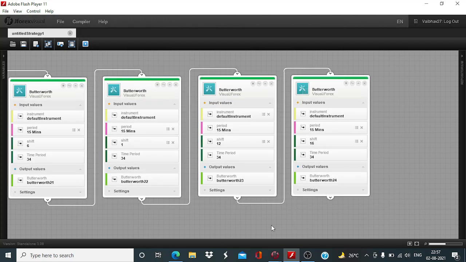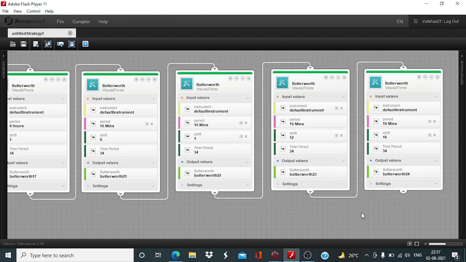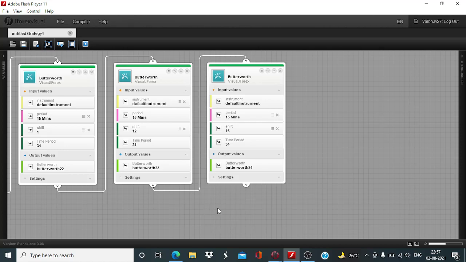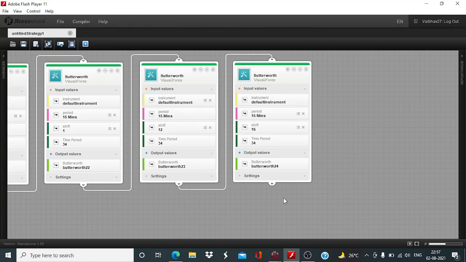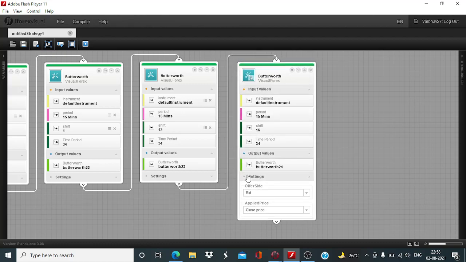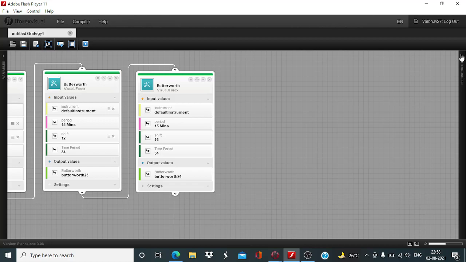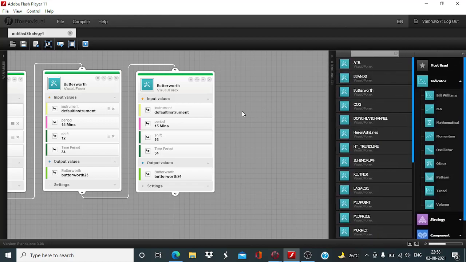Okay, and after this we will be taking the help of historical candle, get historical candle, to look at the price volatility.